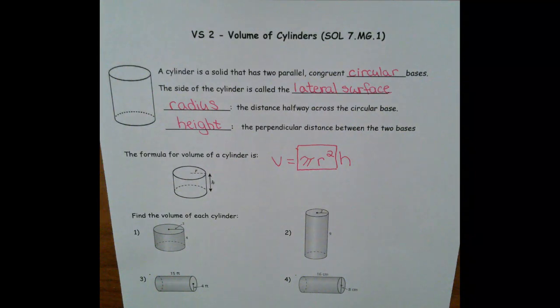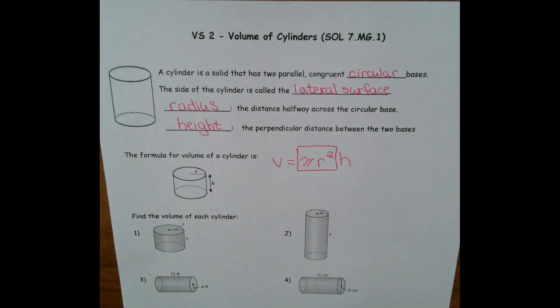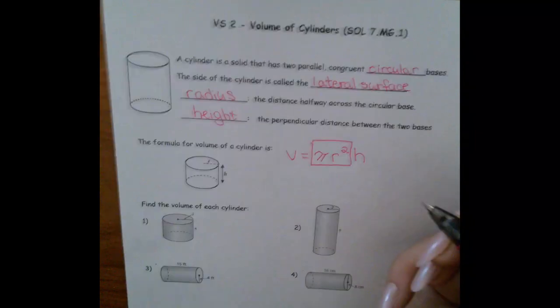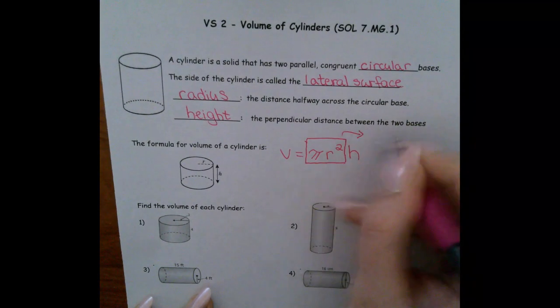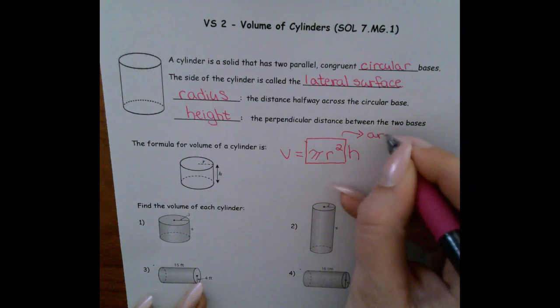Where have you seen pi r squared? Our focus question, but what was our focus question asking us to do? To find the area of the circle. So this first part of our volume formula is the formula for area of a circle.